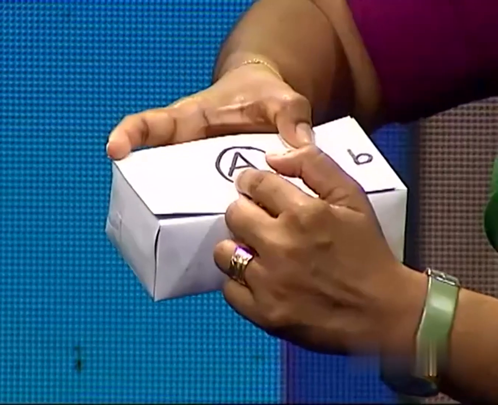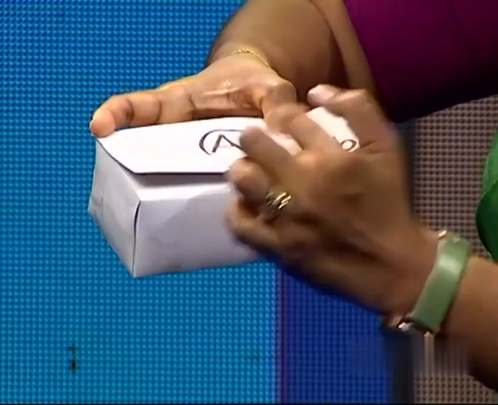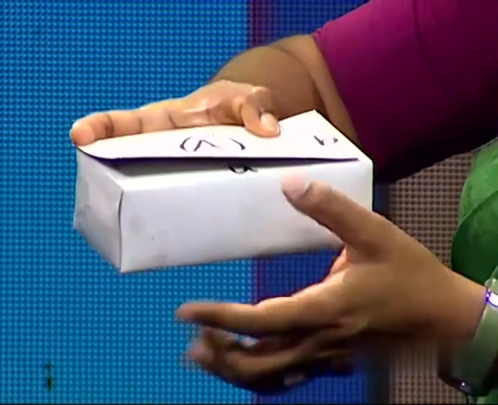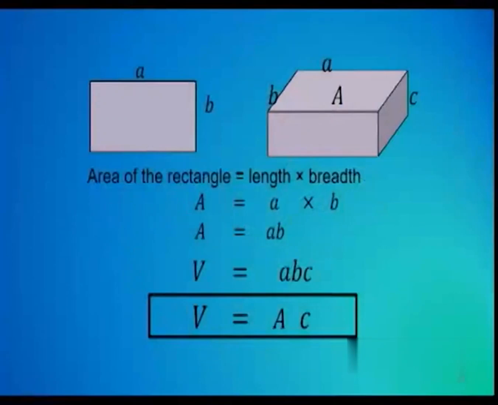Instead of A times B, you can use area of this side. It means A times C is the volume of this cuboid. Let's write this one. V equals A times C.